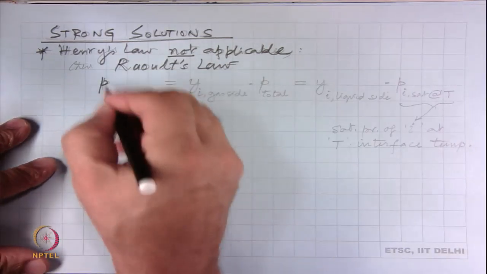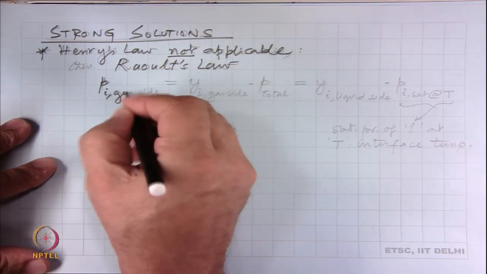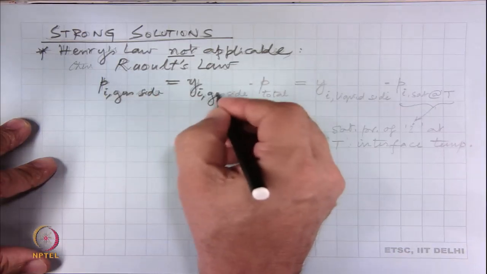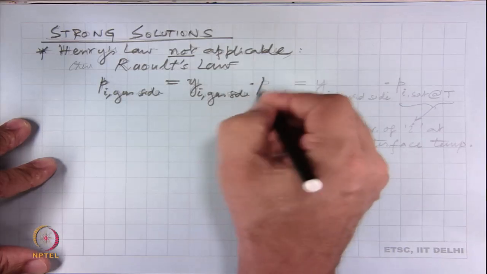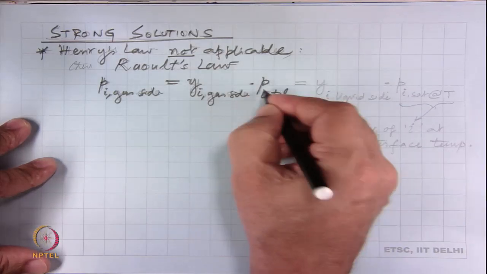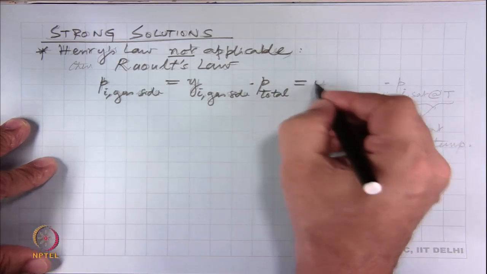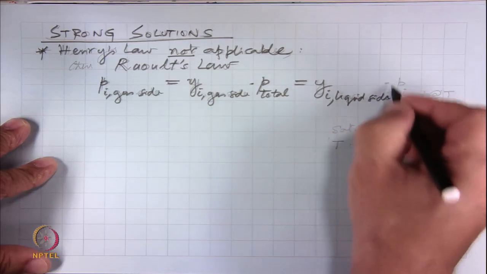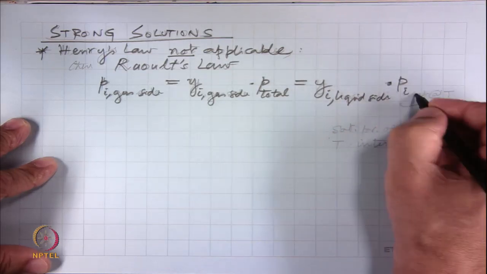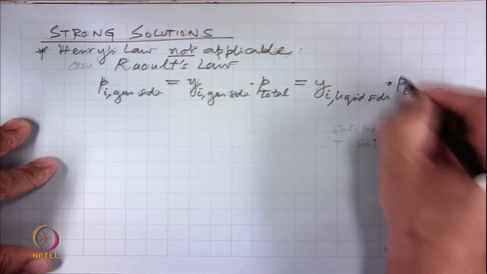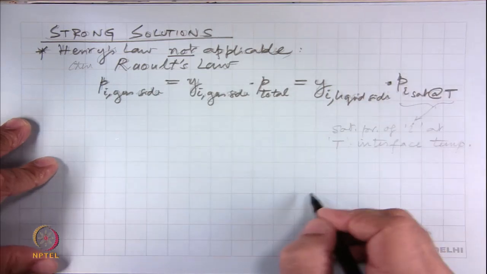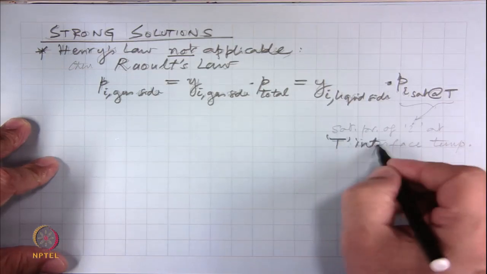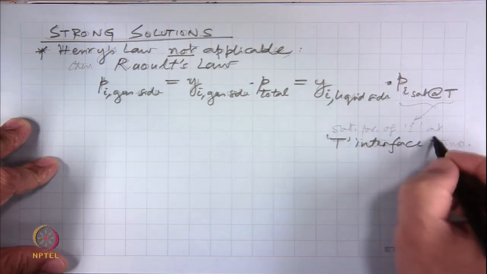where it says that Pi on the gas side is equal to Yi on the gas side multiplied by the total pressure, which is Yi on the liquid side multiplied by Pi at saturation, the partial pressure of the ith component at T. And again here T is some sort of an interface temperature.